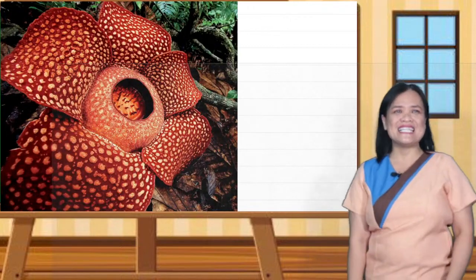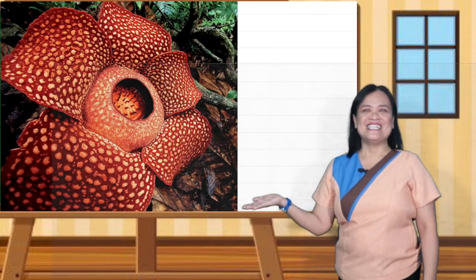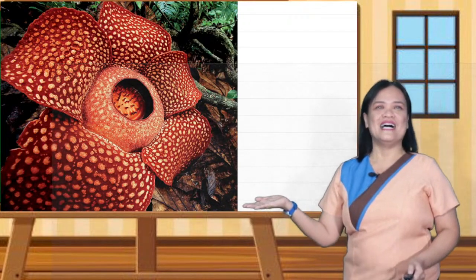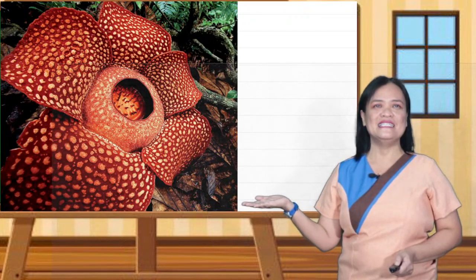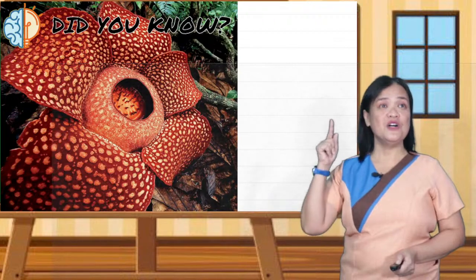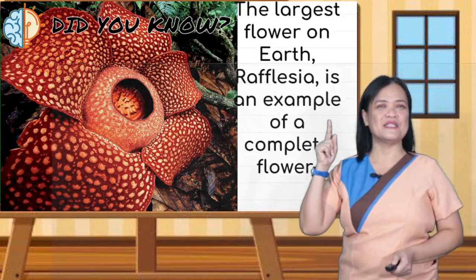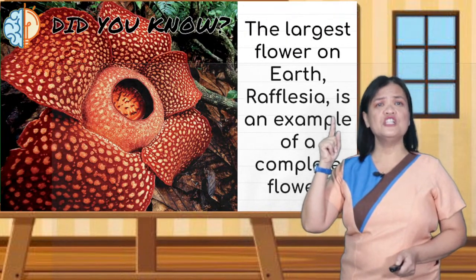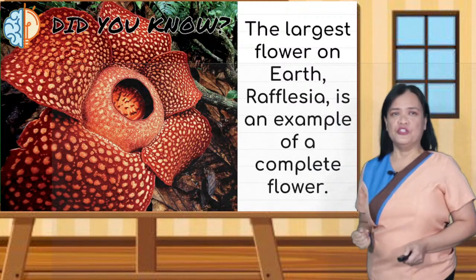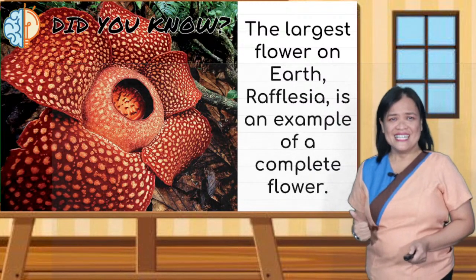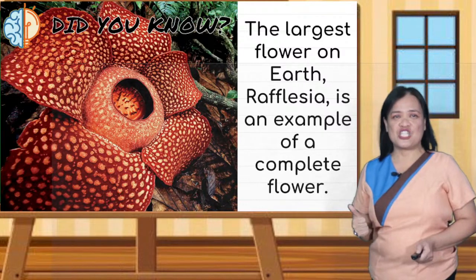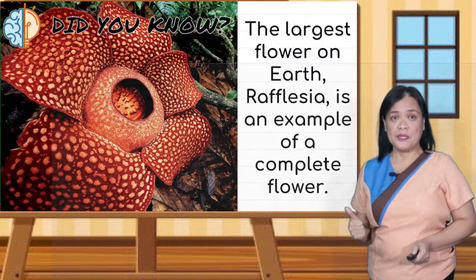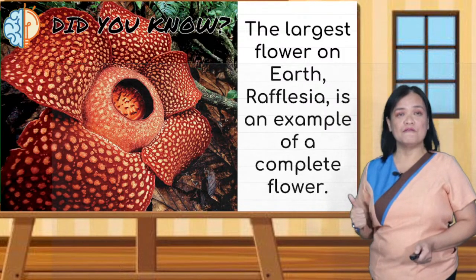So what's this? Giant. It's a very nice flower. Okay? Did you know? It's a trivia. The largest flower on earth is Rafflesia. It is an example of a complete flower.